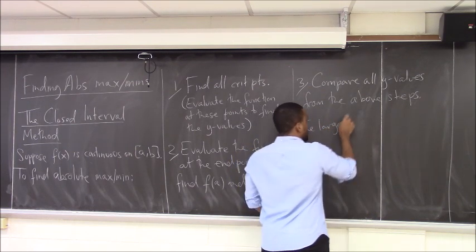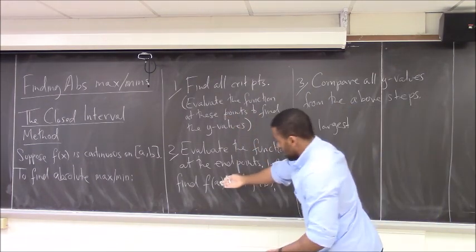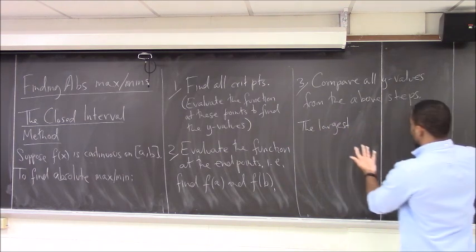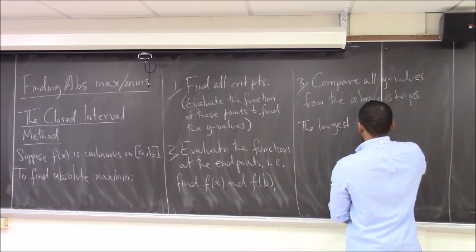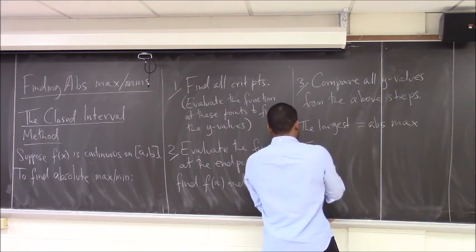So once you go through this process, you find all the critical points and their y values, you evaluate the function at the endpoints and find those y values, you compare all the y values, and the largest is the absolute max. And the smallest is the absolute min.